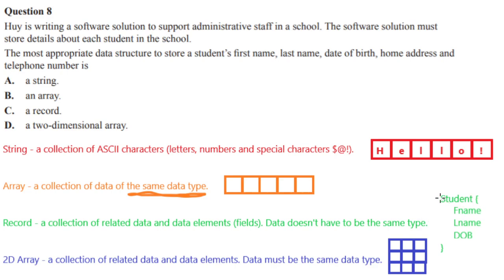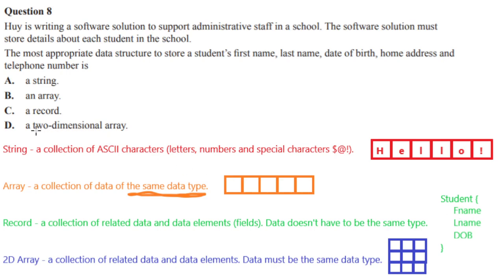I've just got a bit of drawing of what that might look like. Each one of these here, first name, last name, date of birth, these are our fields. And our data that we could store in there would be something like Larry for our first name, Jensen for last name. That's another piece of data as well.